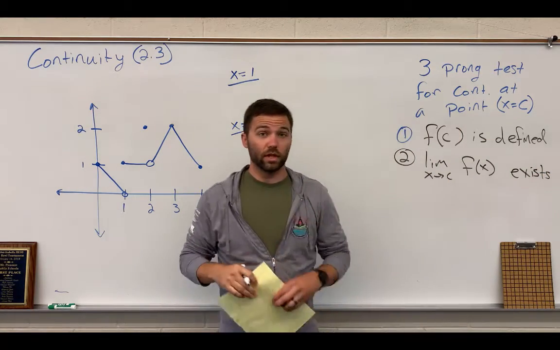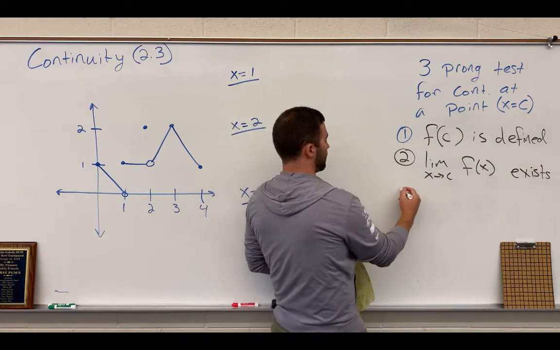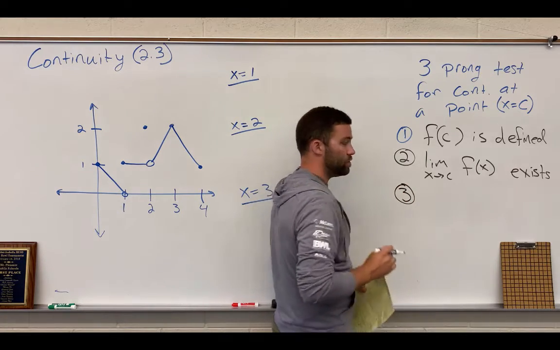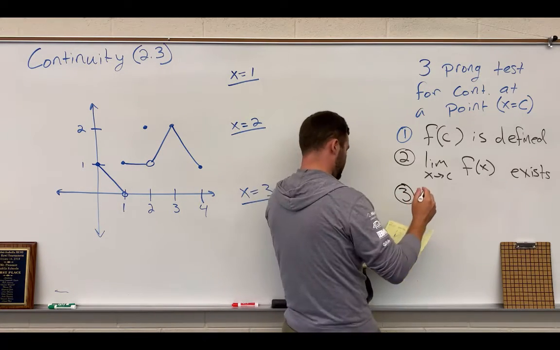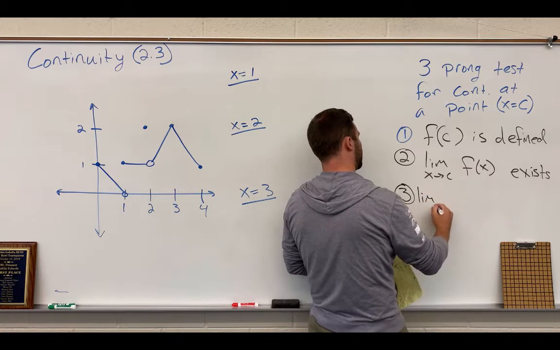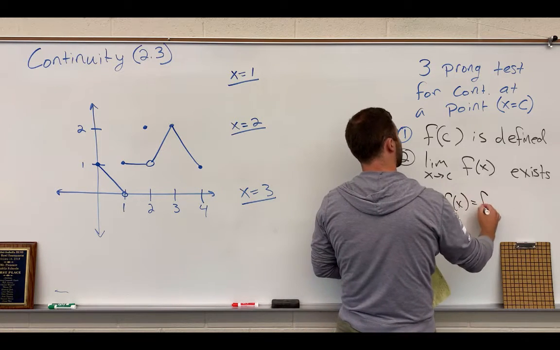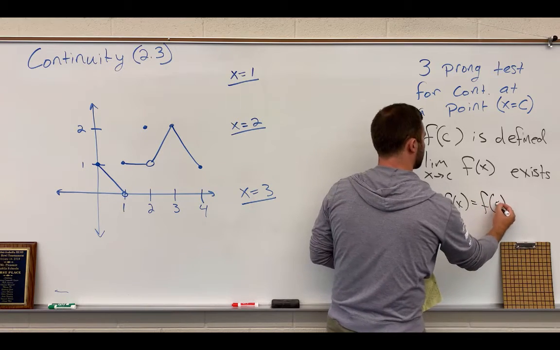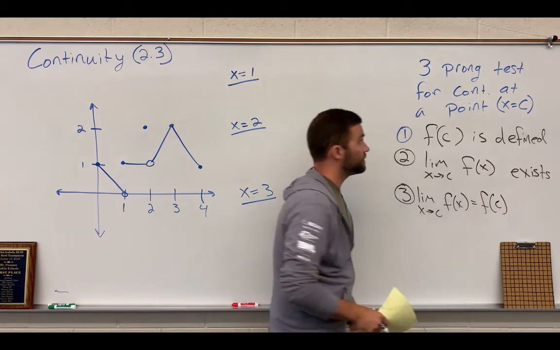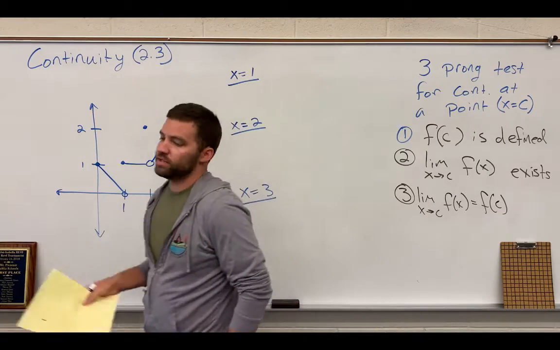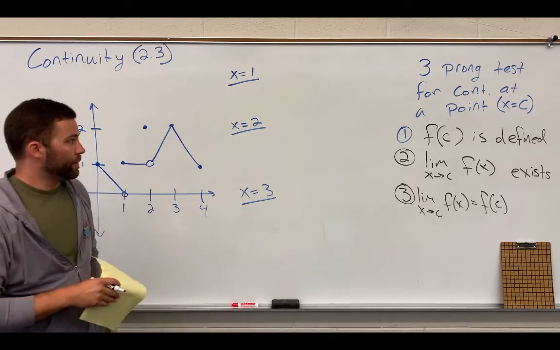So the limit has to exist. And then the third prong is that those two things are equal to each other. So we can write this: the limit as x approaches c of f of x is equal to f of c. And if those 3 things are true, then we can say the function is continuous at a point.